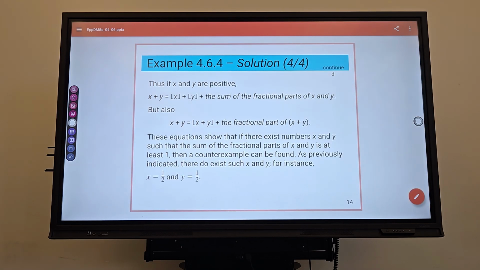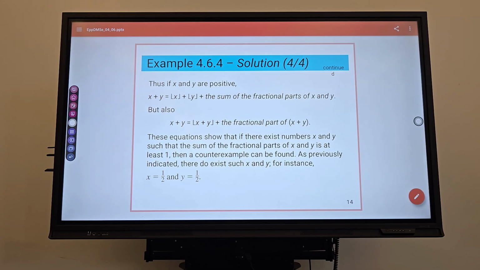Thus, if x and y are positive, x plus y equals floor of x plus floor of y, plus the sum of the fractional parts of x and y. But also, x plus y equals the floor of x plus y plus the fractional part of x plus y.